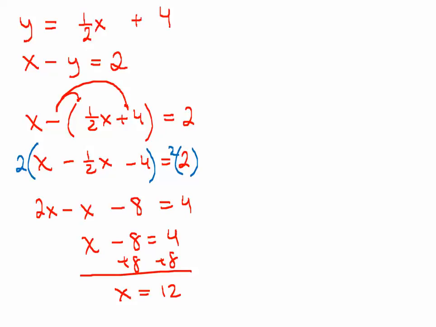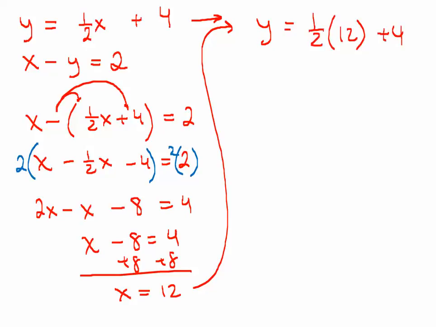At that point, it doesn't matter which equation you want to use, but the easiest one is the one that's already been solved for the other variable. So y is equal to 1/2 of 12 plus 4. That's going to be 6, and 6 plus 4 makes 10, and we get ourselves the y value.